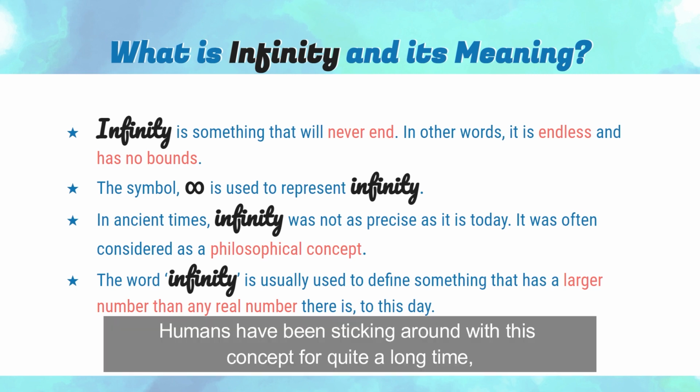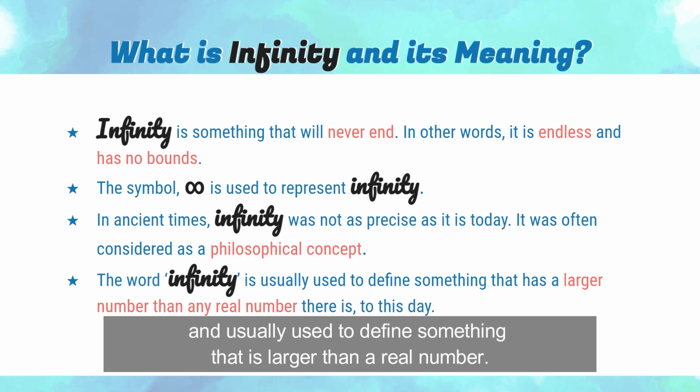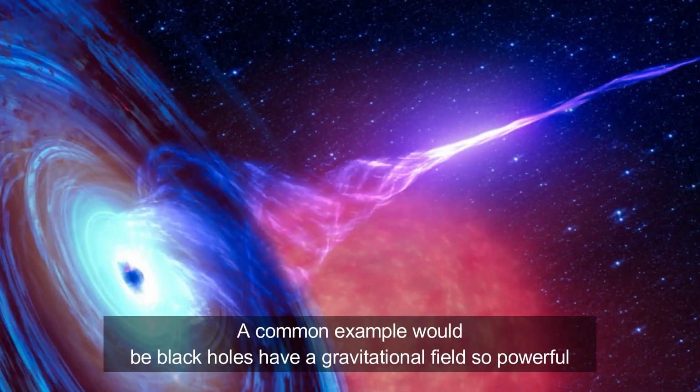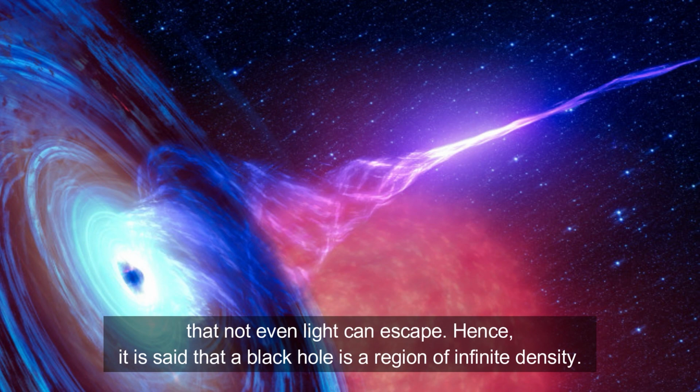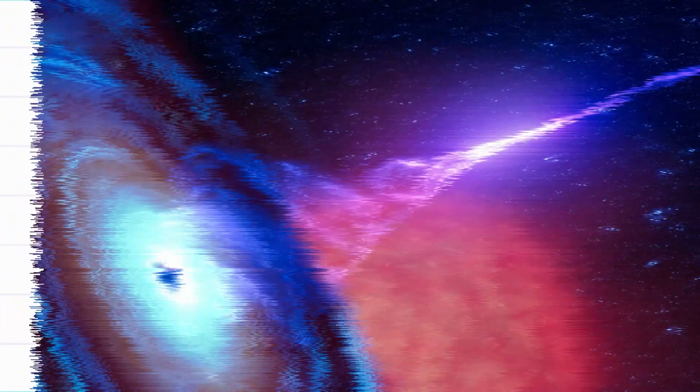Humans have been sticking around with this concept for quite a long time, and usually use it to define something that is larger than a real number. A common example would be black holes, which have a gravitational field so powerful that not even light can escape. Hence, it is said that a black hole is a region of infinite density.